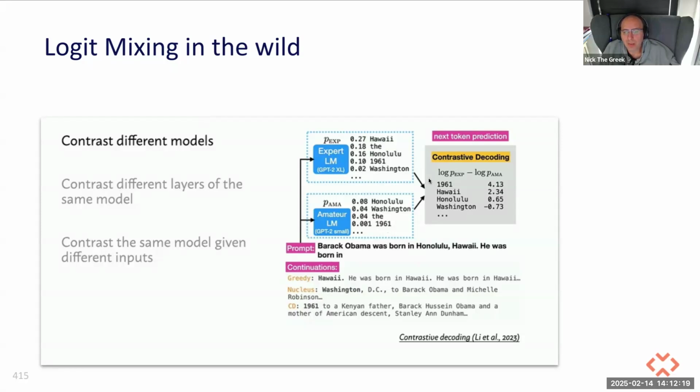Then you can take the difference between them, and you see that 1961 had a very low probability here, it wasn't the top probability. Here, 1961 was considerable, but still wasn't the top probability. But the difference, all of a sudden, made the correct answer the preferable one.